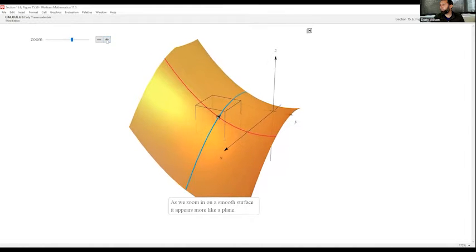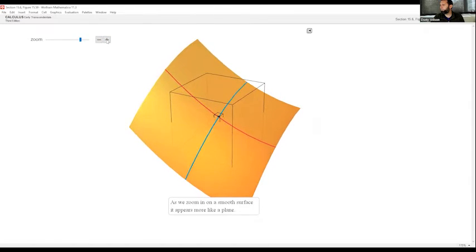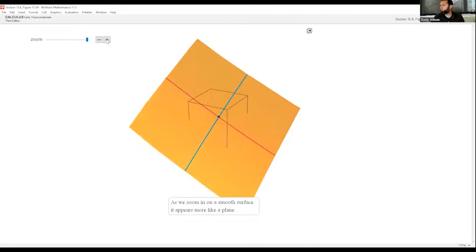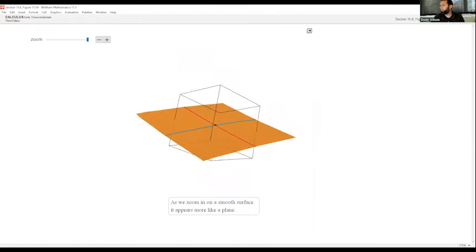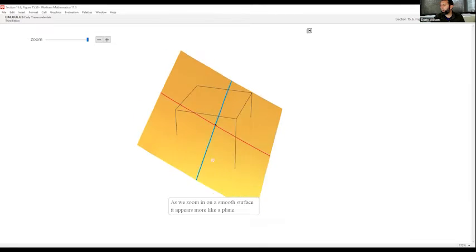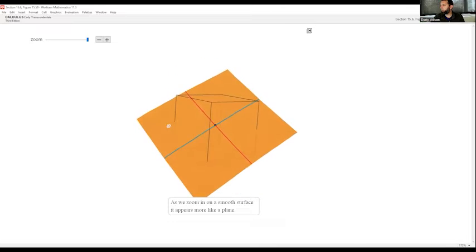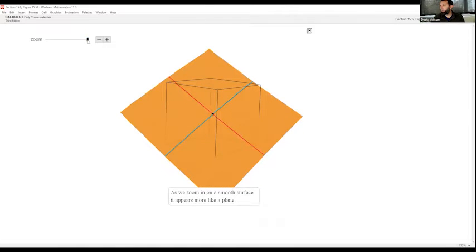The boxes give us the sense that we're zooming in. And notice the red and the blue lines are getting straighter and straighter. So by the end, where we've zoomed pretty far in, it looks like our nice curvy saddle is just a plane.